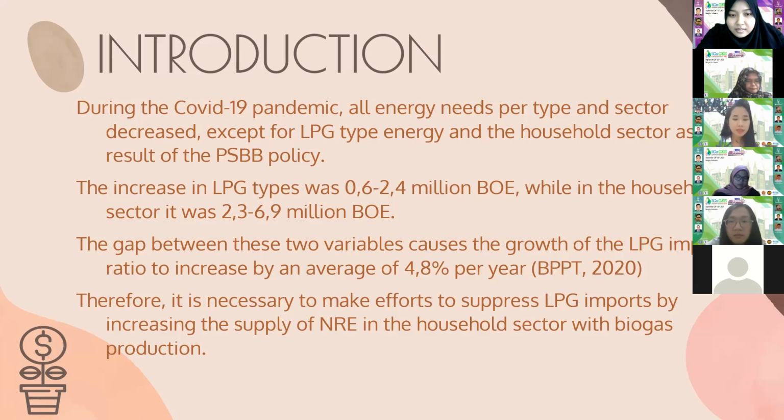The gap between these two variables caused the LPG import ratio to grow by an average of 4.8% per year. Therefore, it is necessary to make an effort to suppress LPG imports by increasing the supply of NRE in the household sector with biogas production.